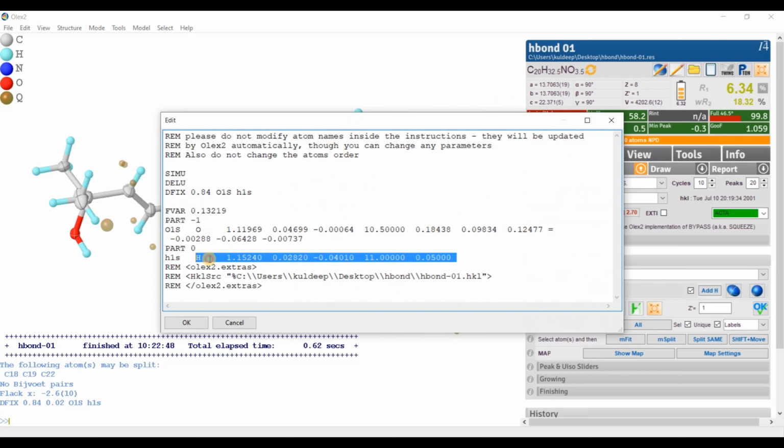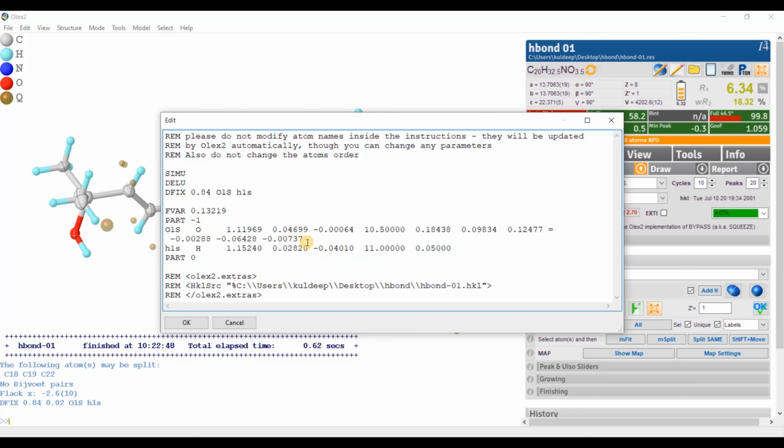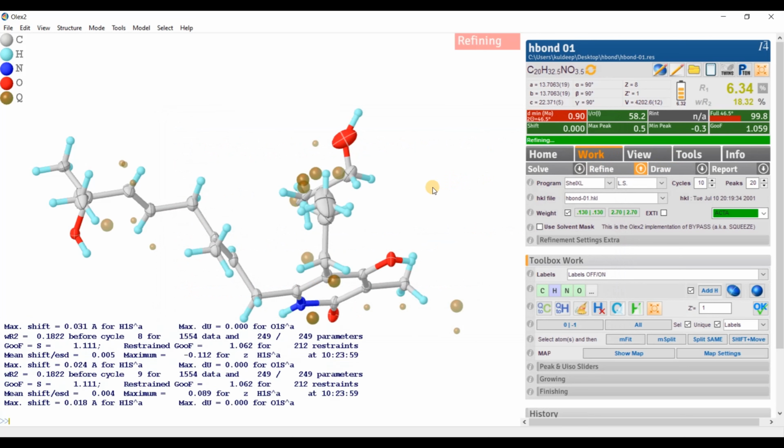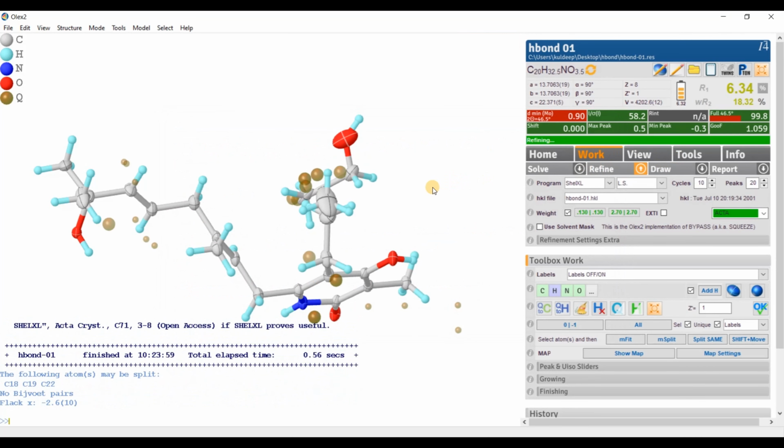So just copy and paste it here below this one, and now this atom is an oxygen atom only half occupied. Change occupancy to 10.5 and type minus 1.2, and okay, refine. Okay, now R factor is further dropped to 6.31%.